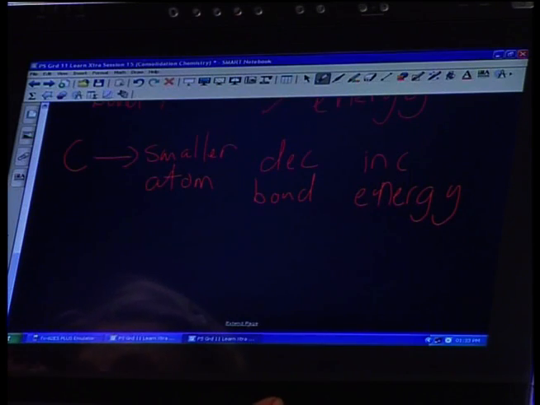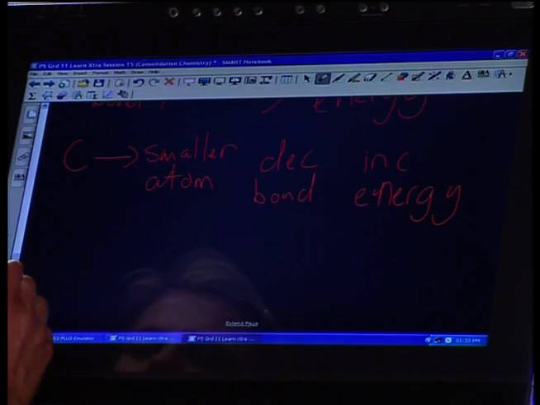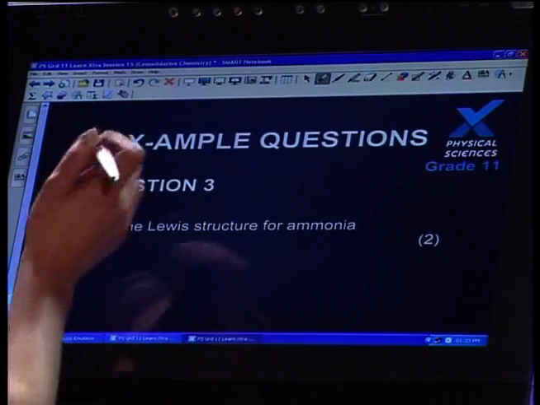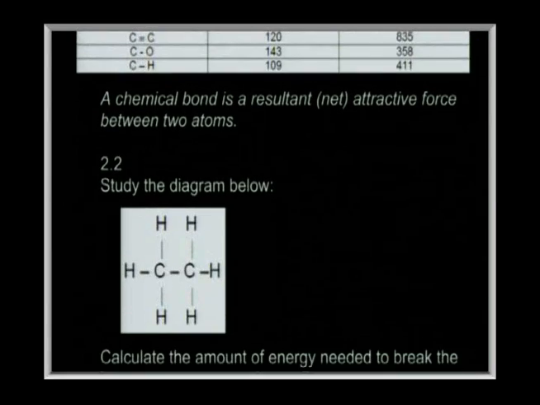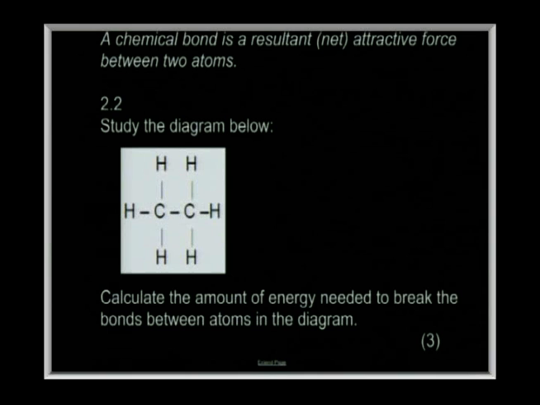Right, so let's move on to the next question, and the next question still deals with this particular table. So now they say to us, study the diagram below and calculate the amount of energy needed to break the bonds between the atoms in the diagram. So how much energy do I need to blast that whole thing apart?